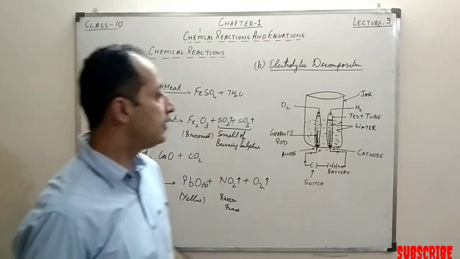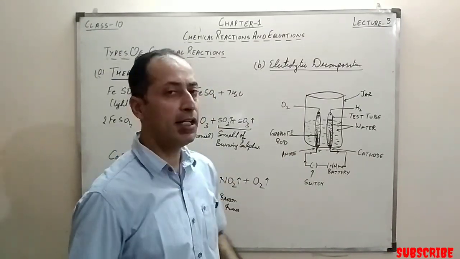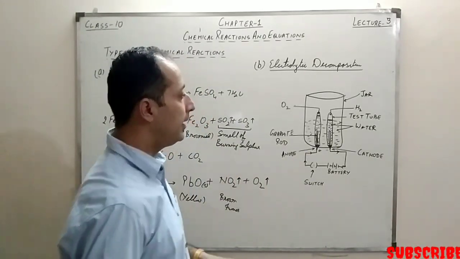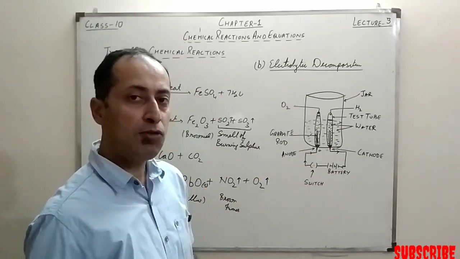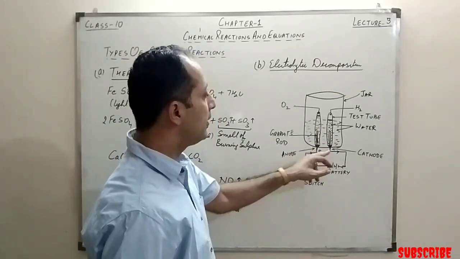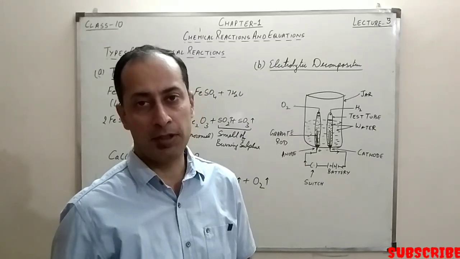Let's see what is there. There is a jar, and then two electrodes, that is the graphite electrodes, set up inside. We fill the jar with water, and two test tubes are taken which are also filled with water. These two test tubes are inverted over the two rods. Then the two graphite rods are connected to the positive and the negative terminals of the battery.